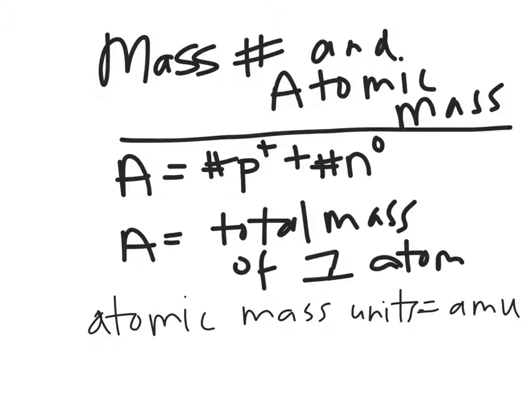But the mass of an atom is so tiny, as we saw in one of our first videos, that if we were to measure it in pounds, we'd be writing 26, 27 zeros every time we wrote it down. So instead, we use a measurement scale that allows us to use regular numbers.